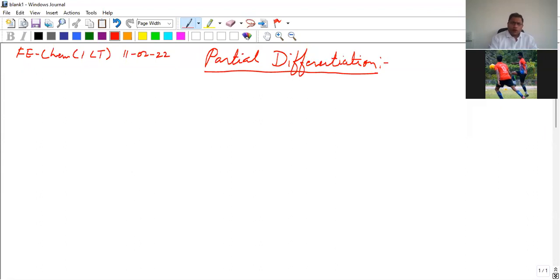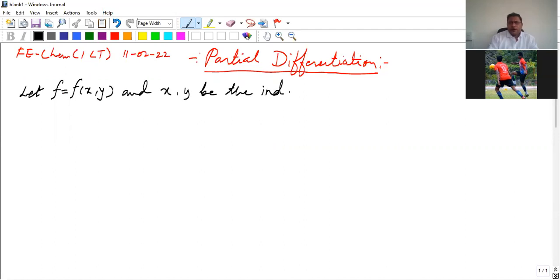Okay, so what if we have a function which is of more than one variable? Here we'll first try to understand the two variable case, and that can be extended. So f is equal to a function of x and y, and x, y are the independent variables.